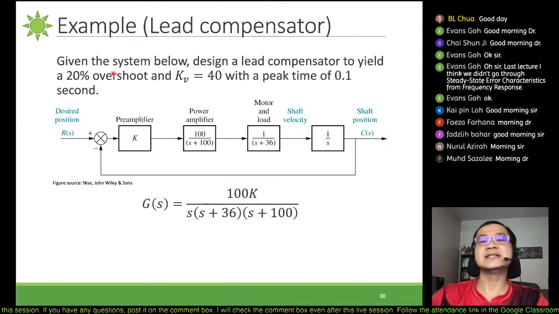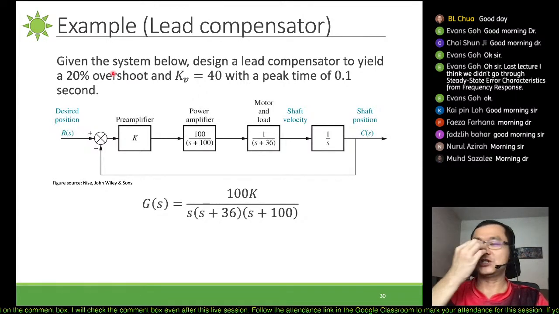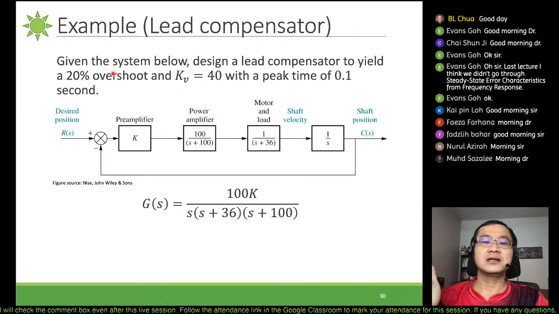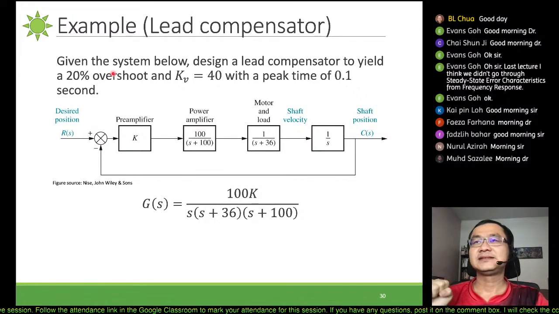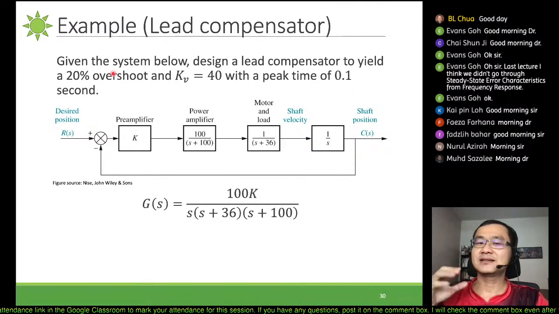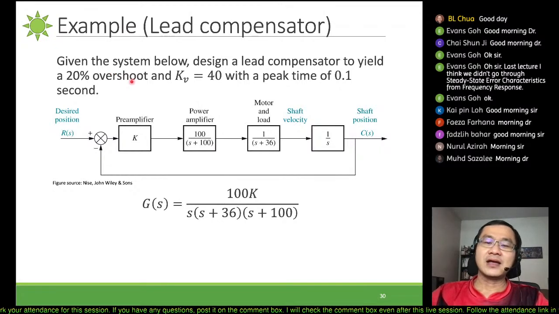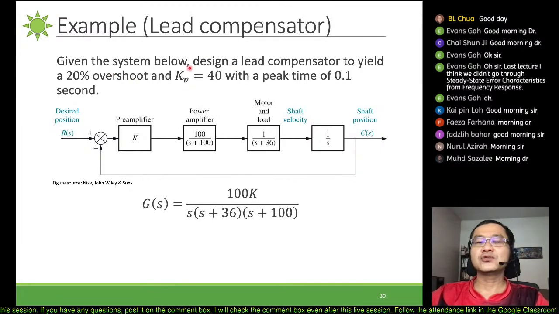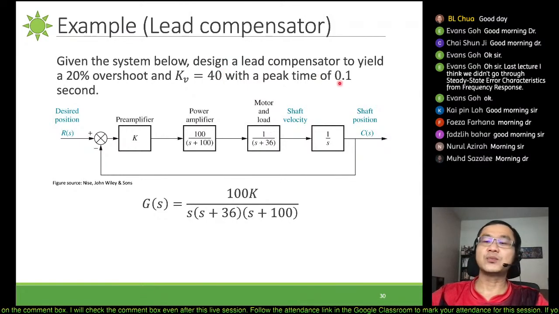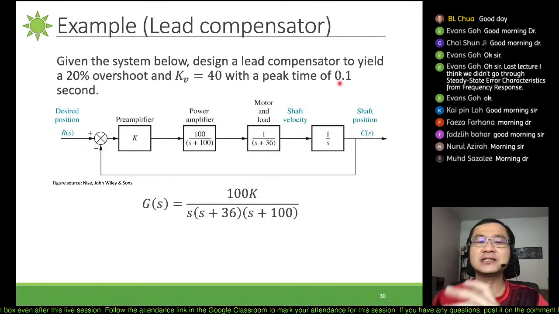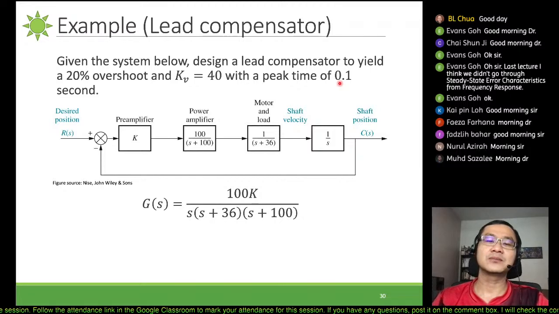We just want to adjust it to meet the desired design specifications. At the same time, Kv equals 40, with a peak time of 0.1 second. These are the transient limitations in this problem.